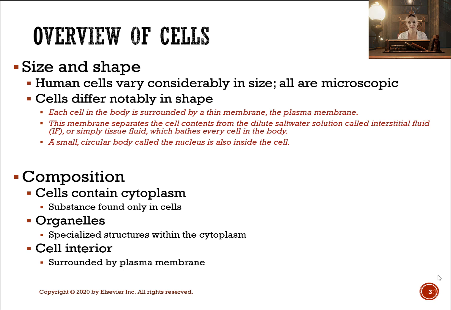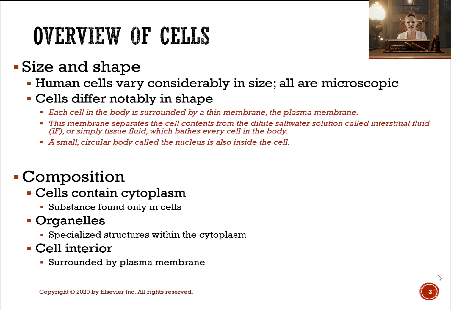So size and shape, they can vary considerably in size. All are microscopic. Cells differ notably in shape. As you'll note on this slide, each cell in the body is surrounded by a thin membrane. This is called the plasma membrane. This is a very important thing to understand.